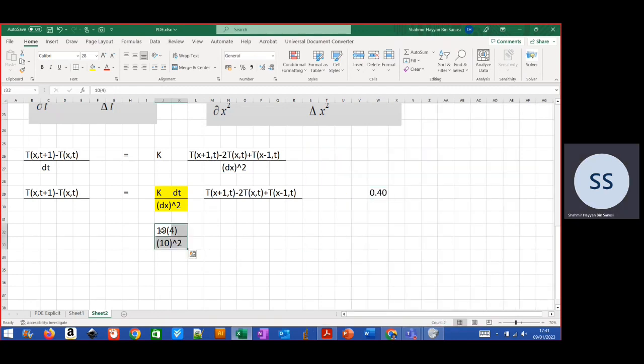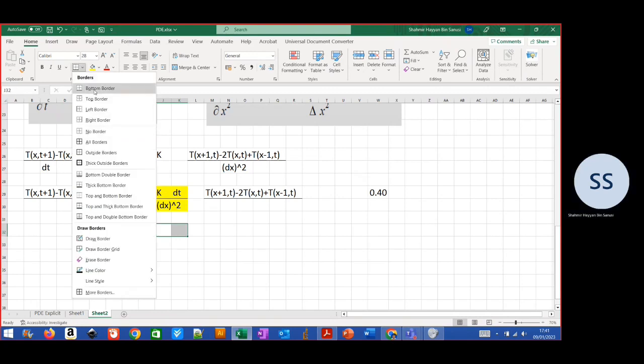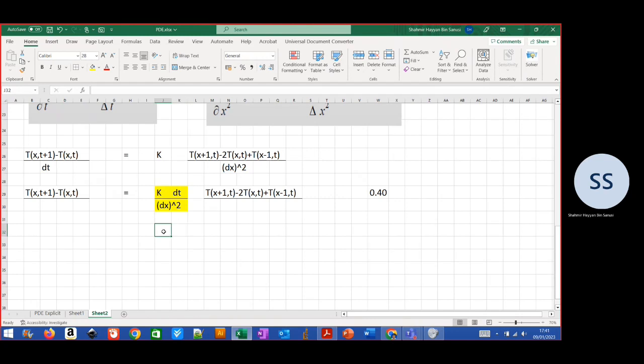So 0.4 is K delta T over delta X squared.